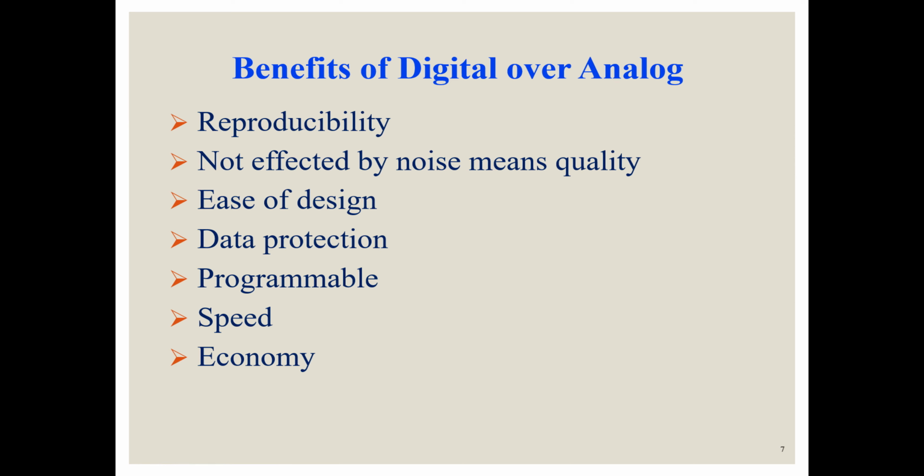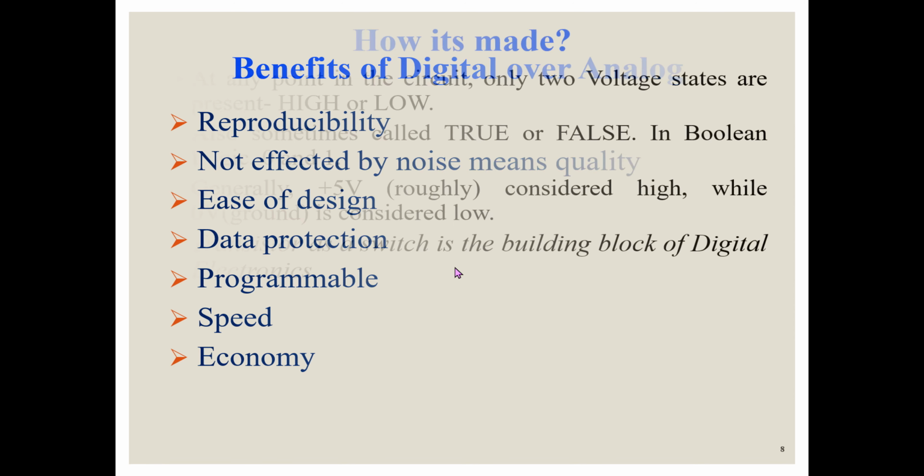This noise mostly affects analog signals, but digital signals will not be affected by noise. That means we get better quality of a signal over the analog one. Ease of design, data protection, programmable, speed, and economy. So these are the benefits of digital over analog.